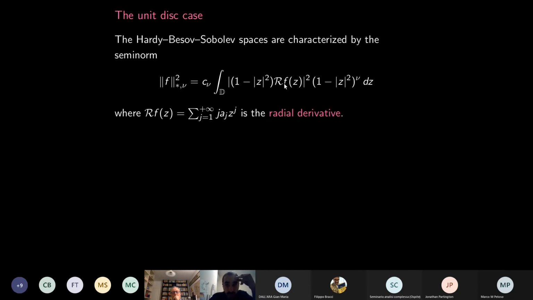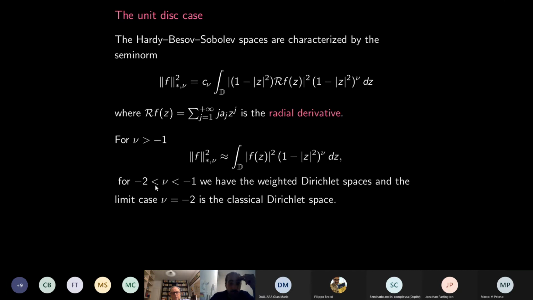Then we have a derivative of the function f. Rf is the radial derivative of the function f, which is defined as follows. And then we have this extra weight factor here. When nu is greater than -1, this quantity is equivalent to the classical weighted Bergman norm on the unit disk.